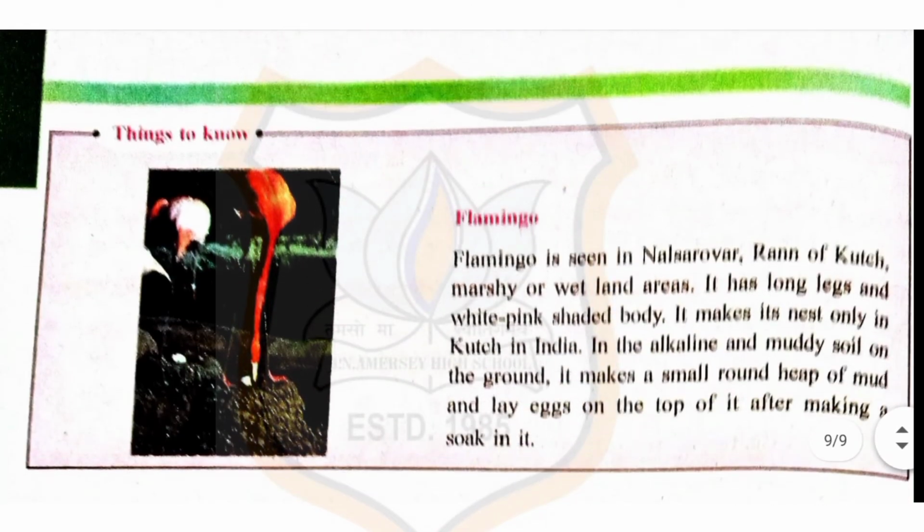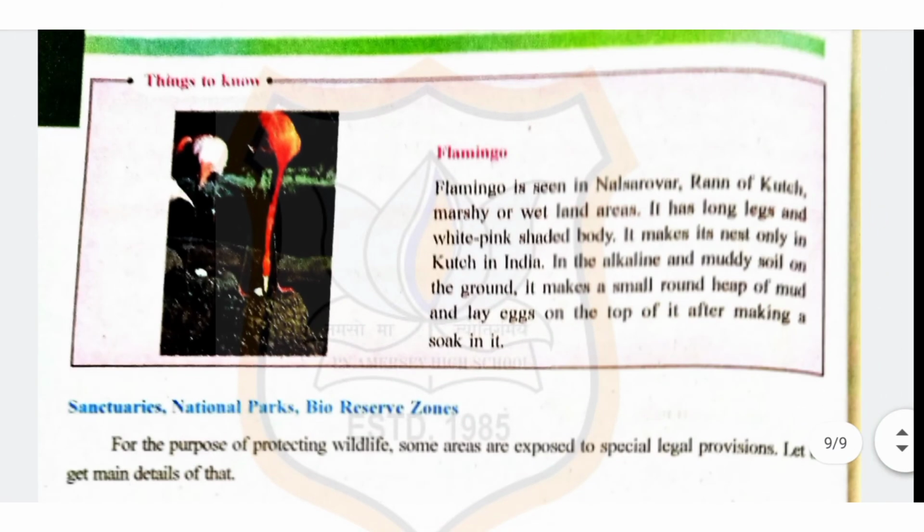Children, now things to know. You can see the picture of flamingo. Flamingo is seen in Nal Sarovar, Run of Kutch, marshy or wetland area. It has long legs and a white pink shaded body.